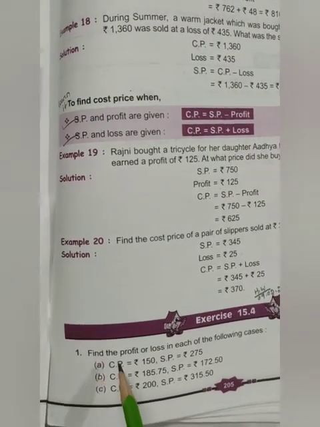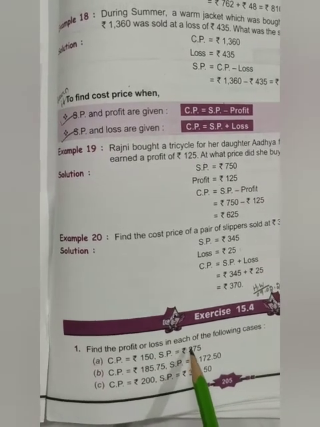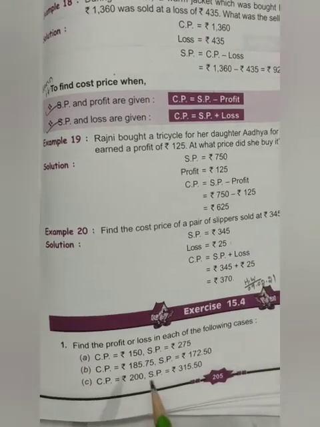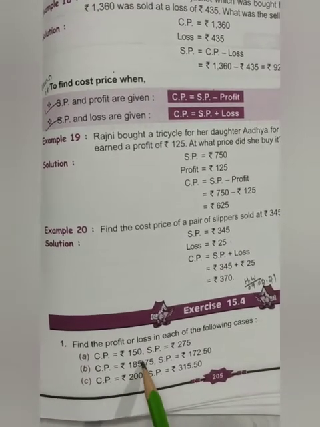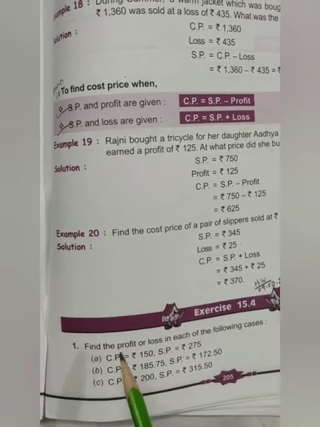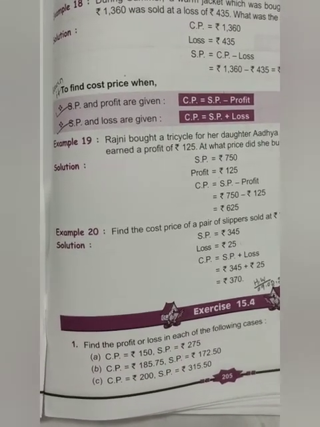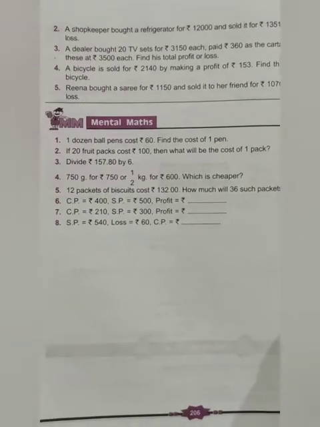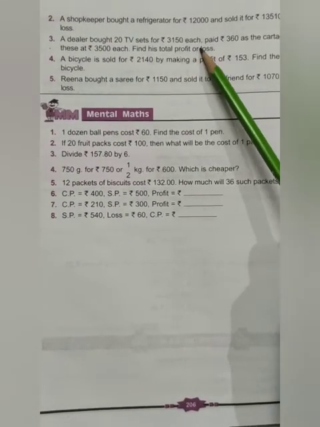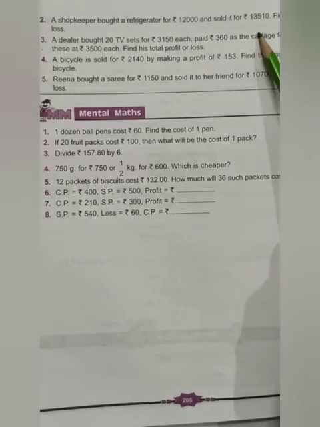Number one, find the profit or loss in each of the following cases. So children, first you mark what is the cost price and what is the selling price. Then you find out which is profit and which is loss. Number two, a shopkeeper bought a refrigerator for this much and sold it for this much.